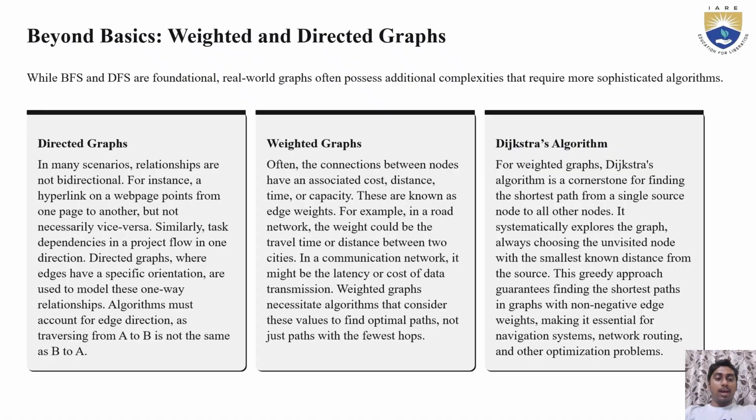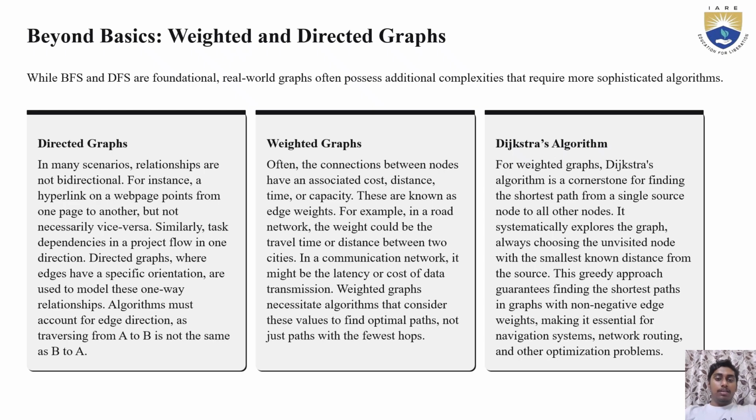For instance, a hyperlink on a web page points from one page to another, but not necessarily vice versa. Similarly, task dependencies in a project flow in one direction. Directed graphs, where edges have a specific orientation, are used to model these one-way relationships. Algorithms must account for edge direction, as traversing from A to B is not the same as B to A.